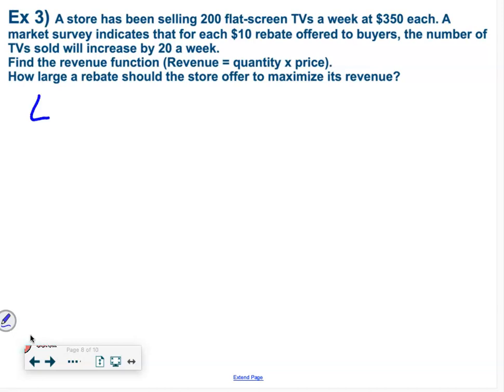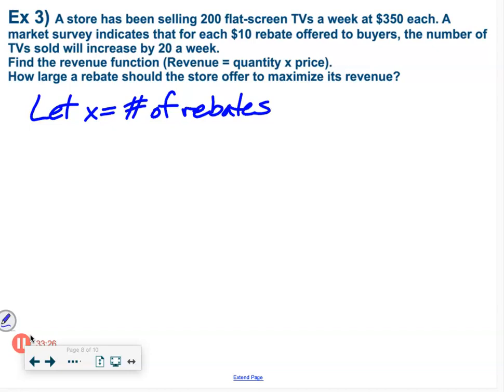So we're going to let x equal the number of rebates that we're going to offer. x is going to equal the number of rebates that we're going to give to our consumers. So now, if x equals the number of rebates, we're going to write a revenue function. We're going to start with quantity, which is how many TVs we sell.